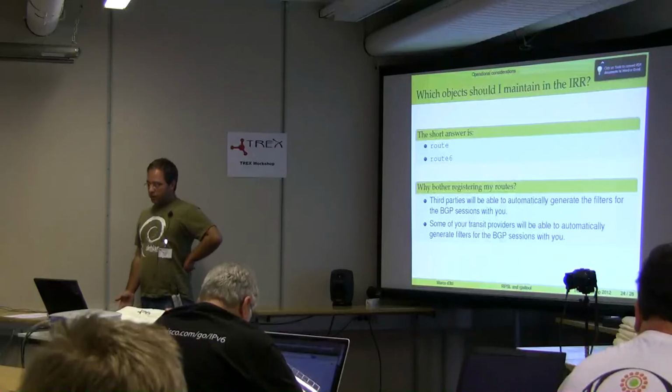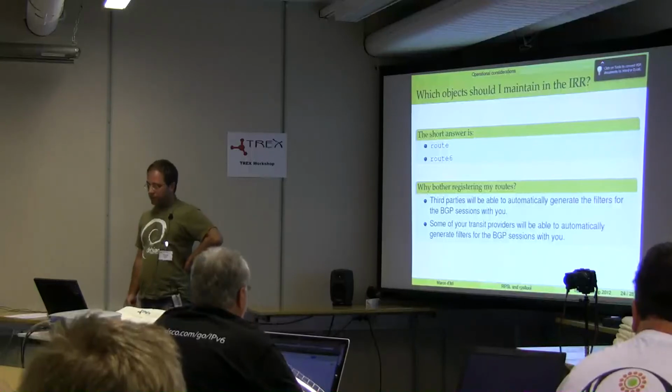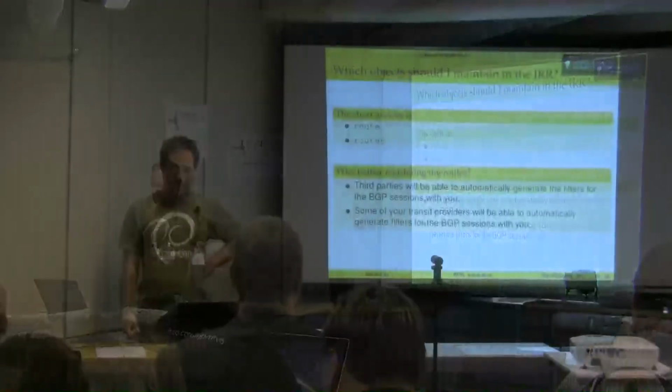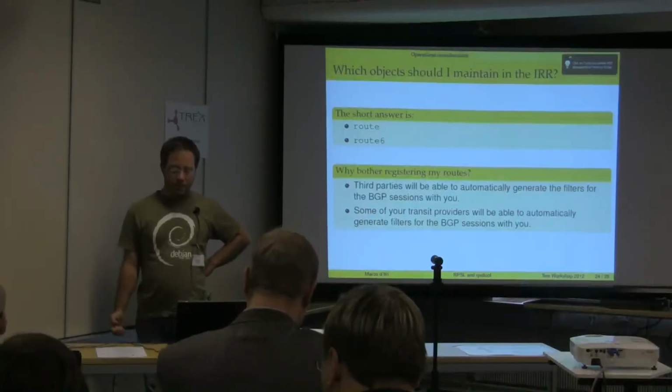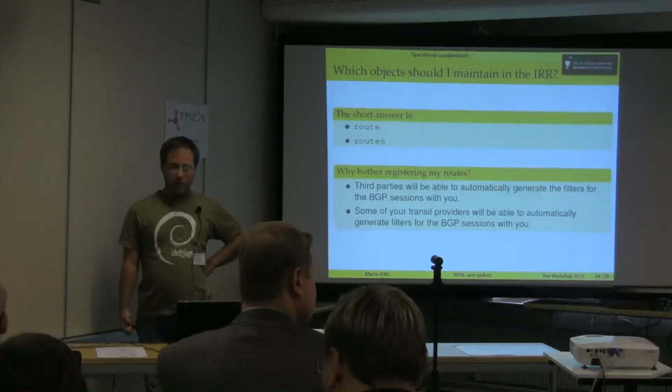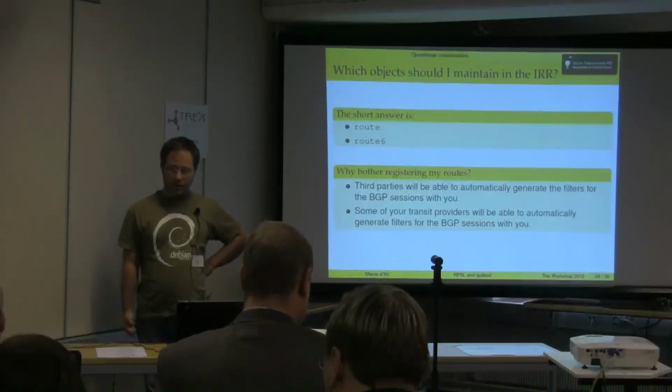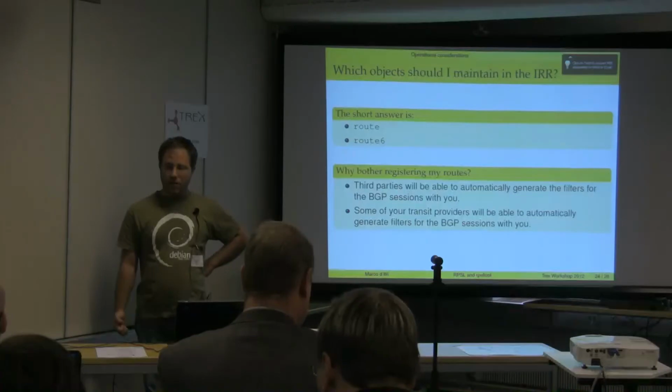As an operator, what should you do about the RIPE database? What I recommend is that you always define route and route6 objects for your routes and tell your customers to do the same. This does not take a lot of time. After that, it does not need any further maintenance, and it really helps your neighbors who want to filter peering sessions with you by prefix, because this is all you need to let third parties generate filters.